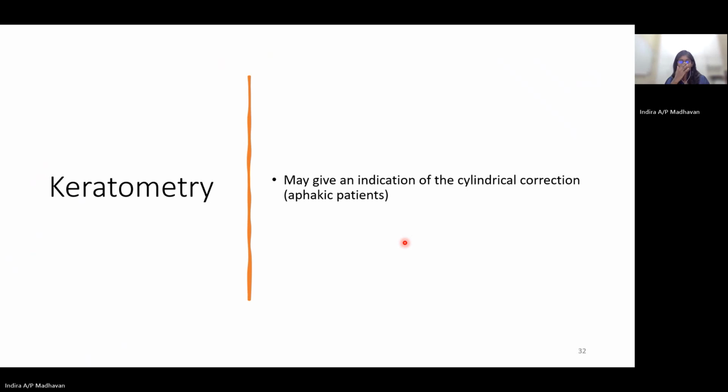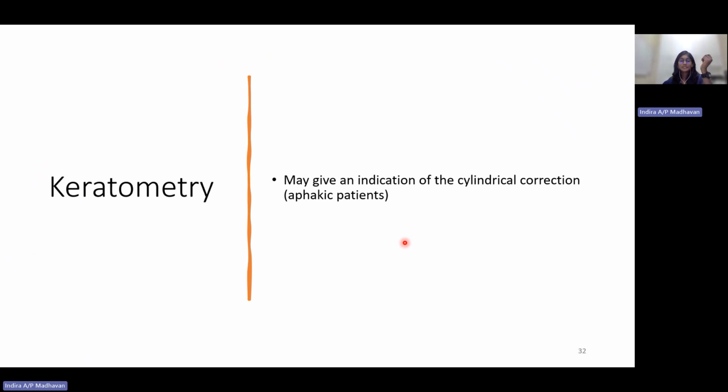Next assessment is keratometry. Keratometry is performed on patients who have high cylindrical correction, like aphakic patients. This kind of patient should do keratometry, although it is not compulsory.